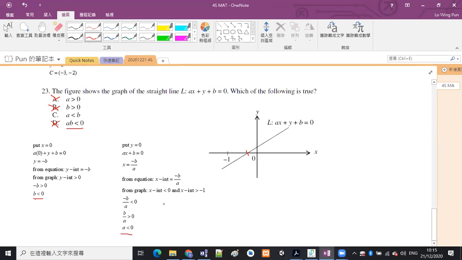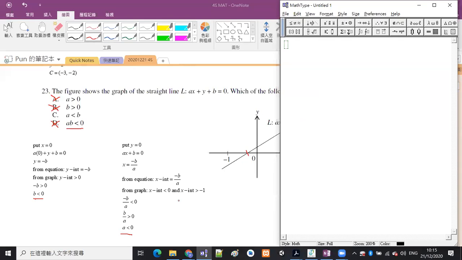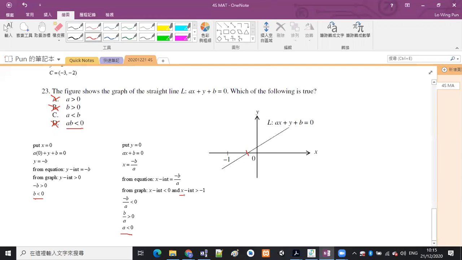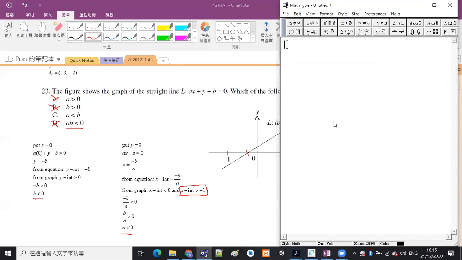But let's see how option C should be correct. 我仲有一樣嘢未用㗎係嘛？頭先就係呢一個 the x-intercept is larger than negative 1. Okay, so let us consider x-intercept larger than negative 1. Our x-intercept is negative b over a. And from the graph, it is larger than negative 1.